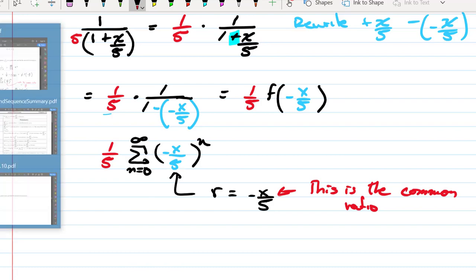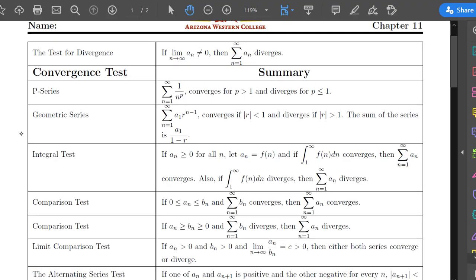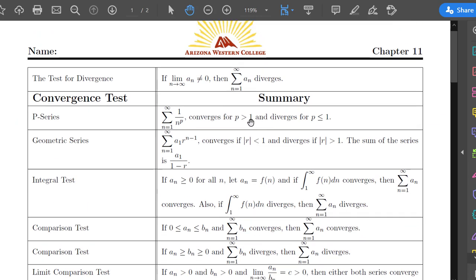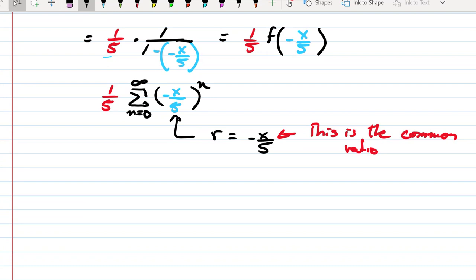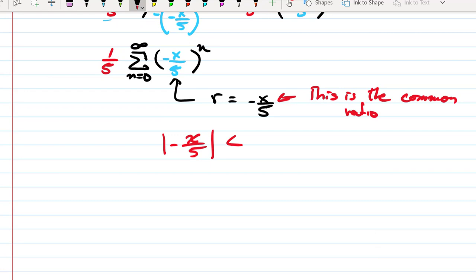And we know that a geometric series converges if and only if the common ratio is less than 1 in absolute value. So we would need the absolute value of negative x over 5 to be less than 1, so that would be negative 1 is less than x over 5 is less than 1.